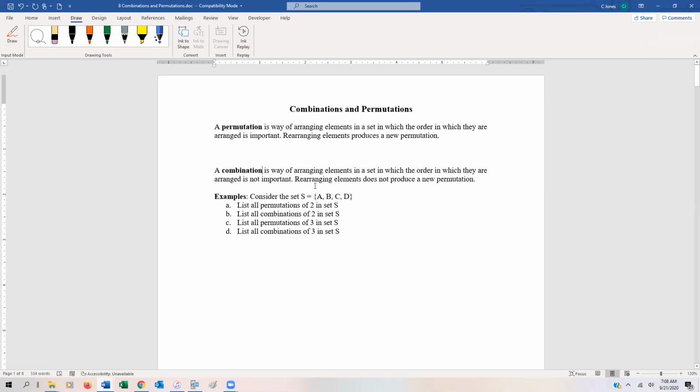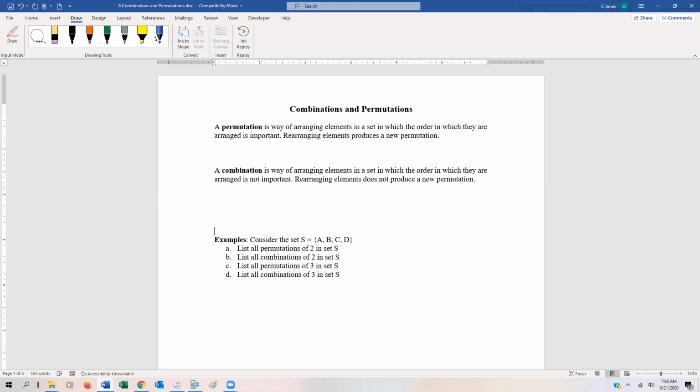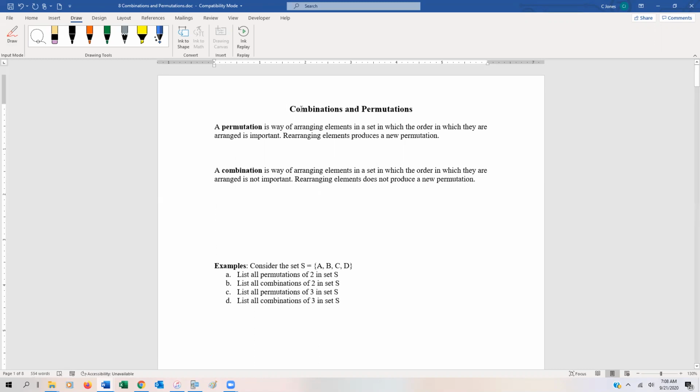A combination basically says that if you flip the objects around, you're not going to get a new combination. So that's important.